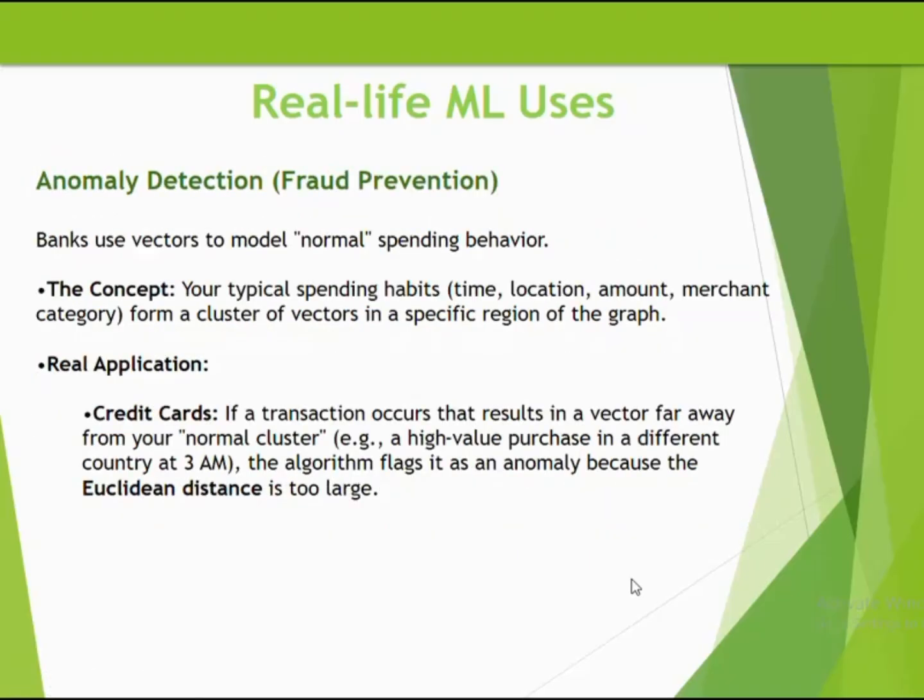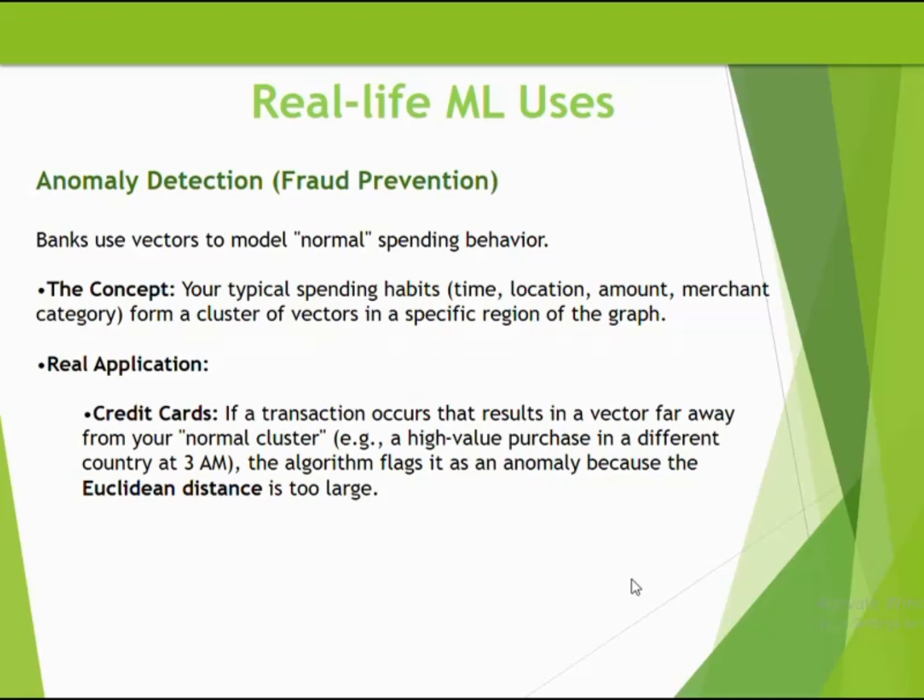Let us move to another real life machine learning use case, that is anomaly detection, which we can call fraud prevention as well. Banks use vectors to model normal spending behavior. What exactly is that concept? Let us say I am a user and my typical spending habits are recorded, right?